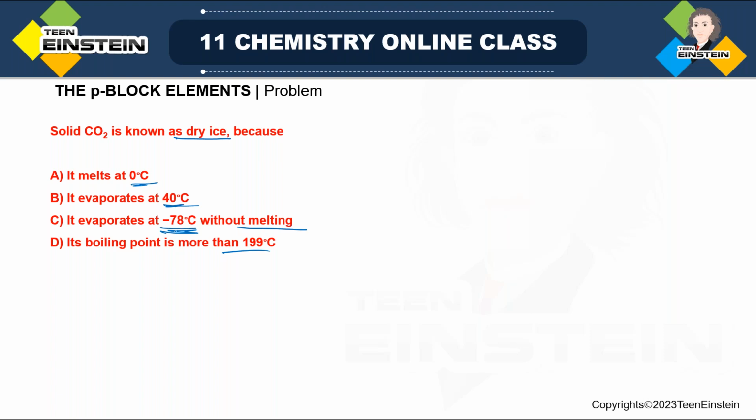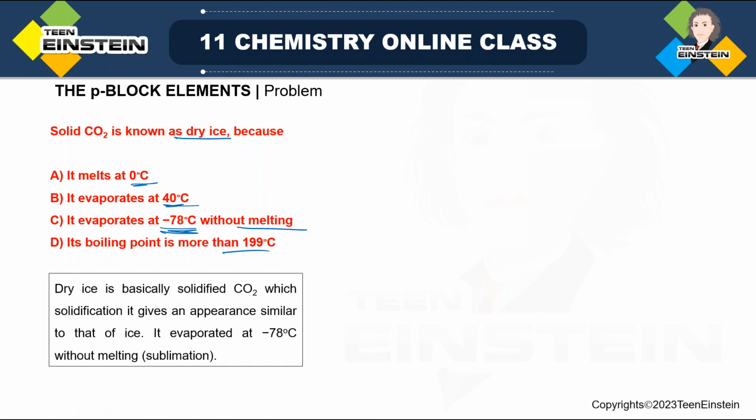It must be a negative temperature. So from that logic also, option C is the correct option. Dry ice is basically solidified CO2, which on solidification gives an appearance just like ice. Transparent nature is there. But it evaporates at minus 78 degrees centigrade without melting. So directly it will be converted to the vapor form.